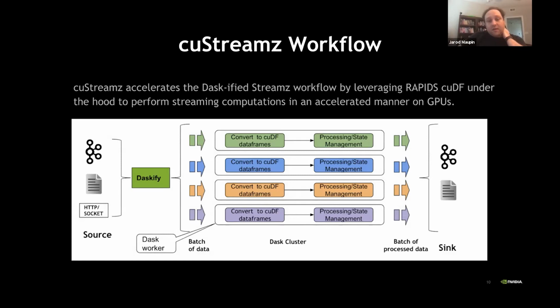Because if we don't load it on the GPU first, we're going to be spending most of the processing doing that. It's also somewhat expensive to convert data to a GPU data frame. So if we could do that on the GPU as well, then that helps a lot.